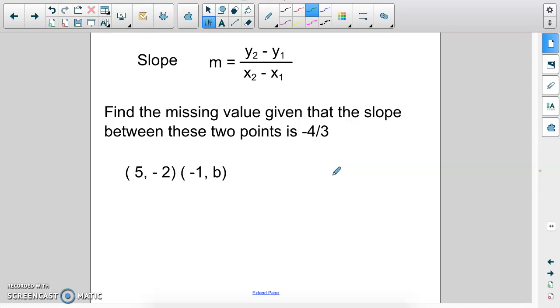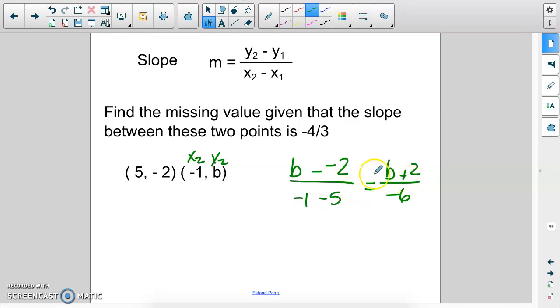Now, way back to algebra. Remember our slope formula. You're going to have to get cozy and friendly with that. Find the missing value given that the slope between these 2 points is -4/3. So we'll call this y2 and this x2. So y2 minus y1 over x2 minus x1, b plus 2 over -6.